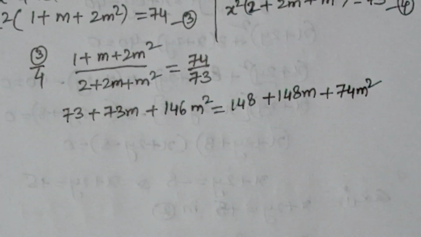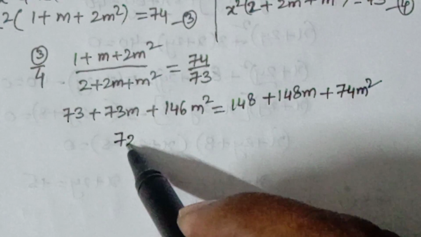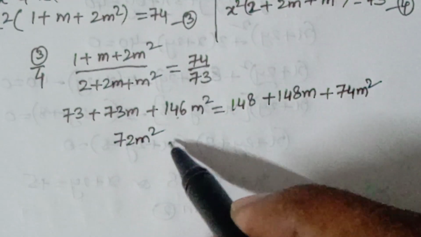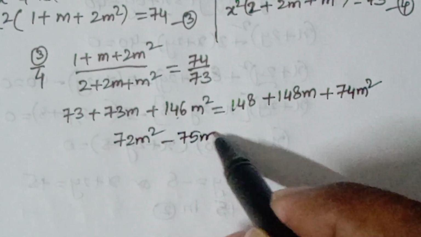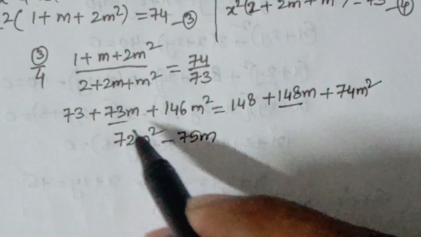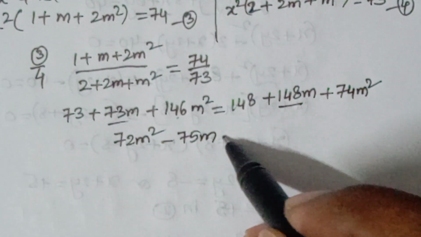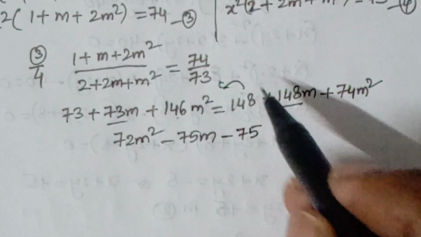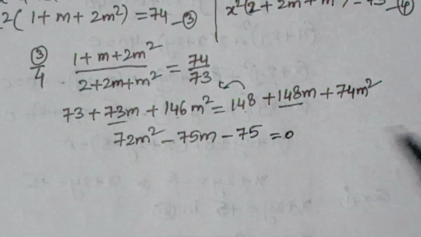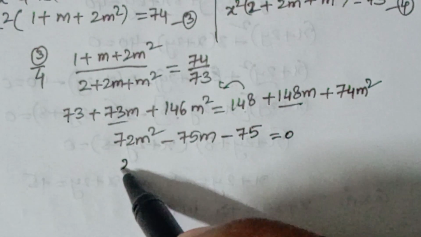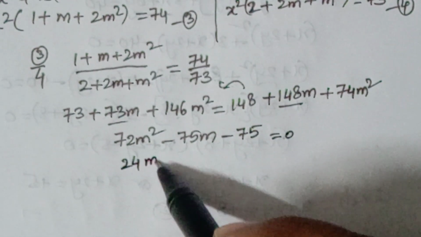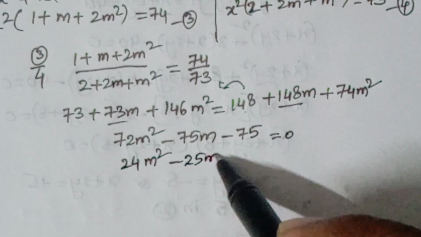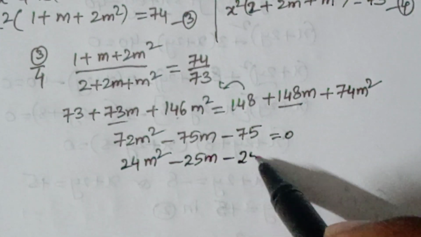So if you solve this, what will we get here: 72m square, 146 minus 74, minus 75m, 148m minus 73m, minus 75, 148 minus 73. Send all the terms to that side, is equal to 0.